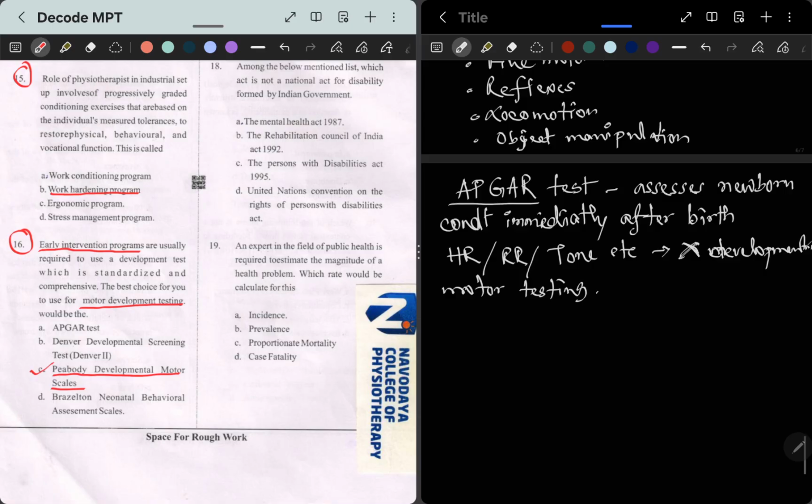Now next one is the Denver developmental screening. Why not Denver 2?